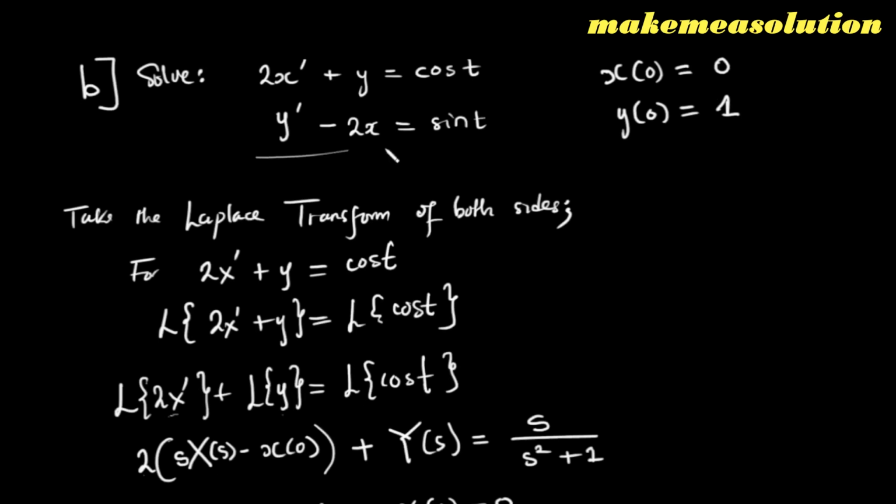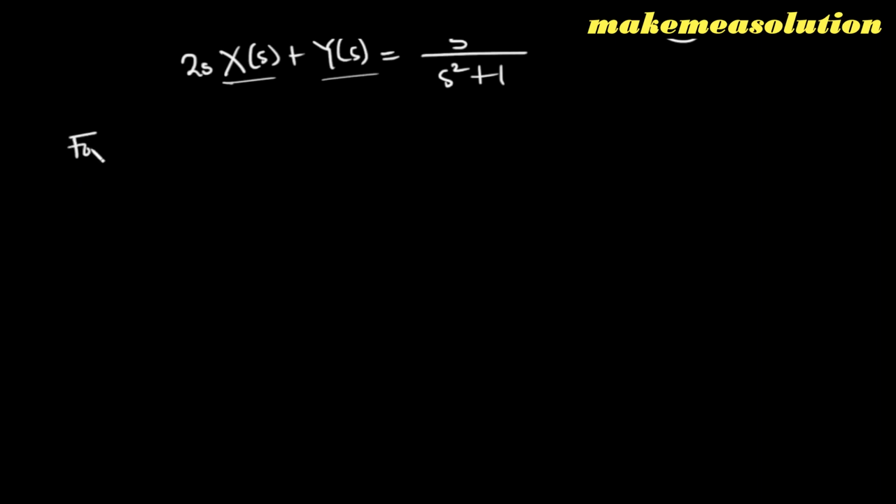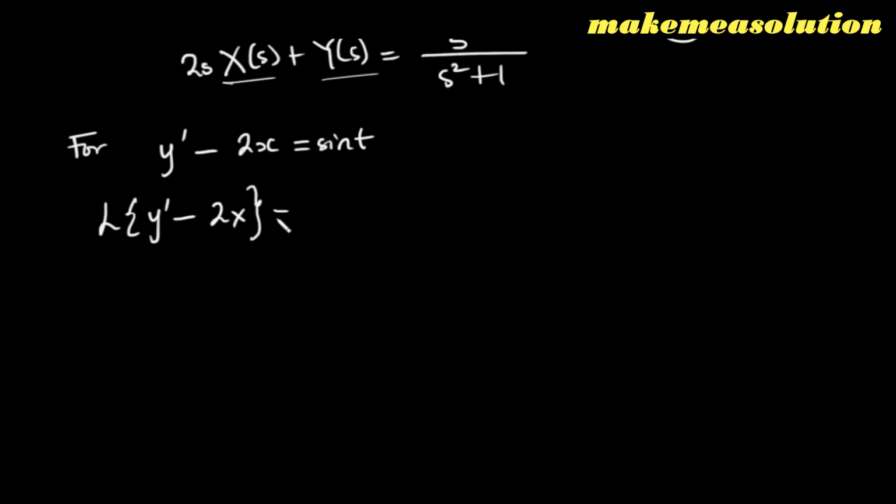Now for the second one, y prime minus 2x equal to sine t. When we take the Laplace transform of both sides, we'll have the Laplace transform of sine t. Is that okay?